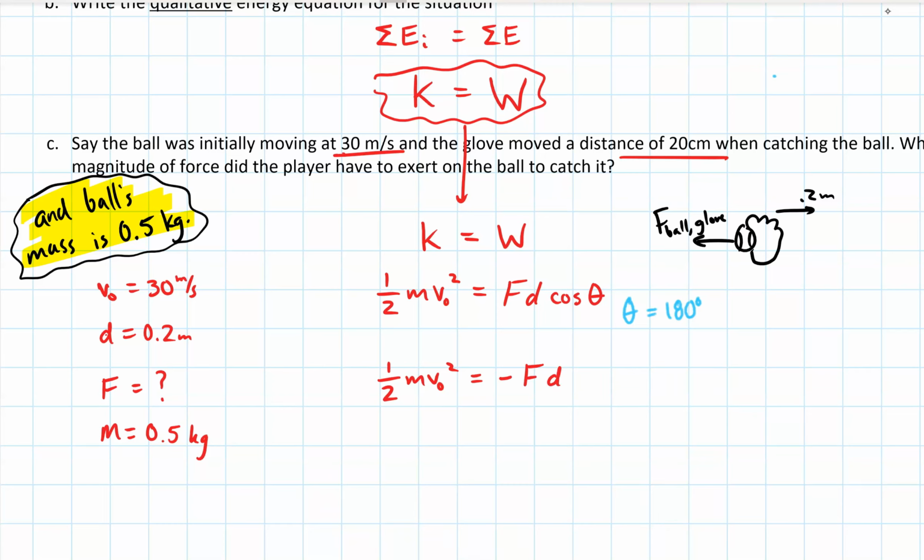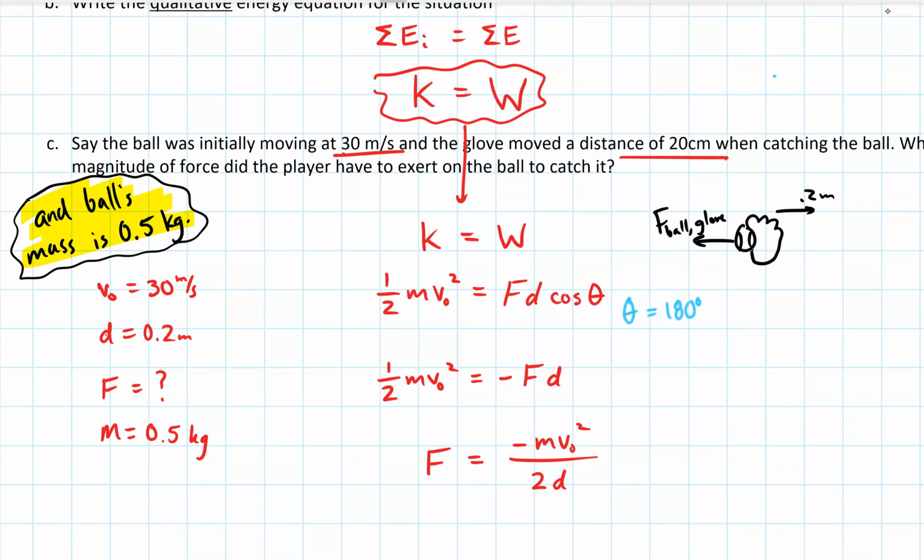The problem says to solve for the force acting on the ball to catch it, so my goal is to get the force all alone. I'm going to divide both sides by -d, and we end up with force equals negative mass times velocity squared divided by 2d.